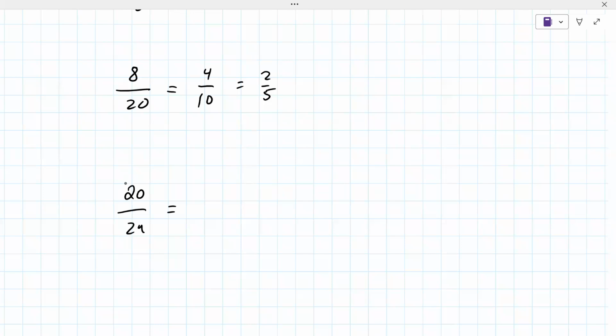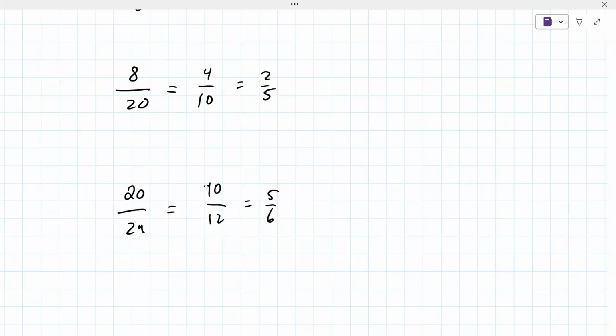Would equal 5/6. 5/6. So did you divide by 2 twice to get 10/12 and then 5/6? Yeah. Excellent. Yes, that does work.